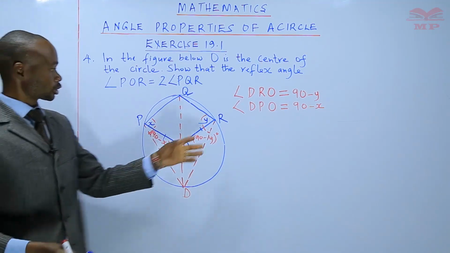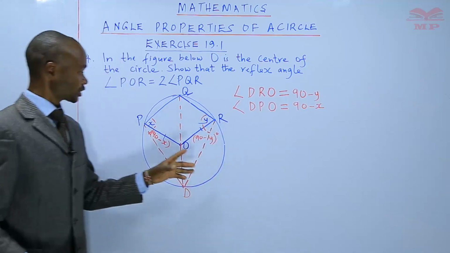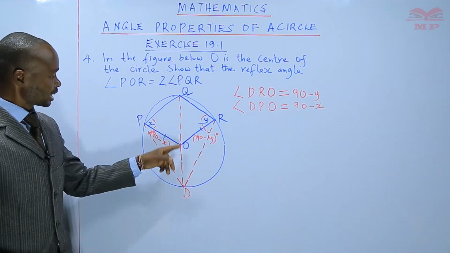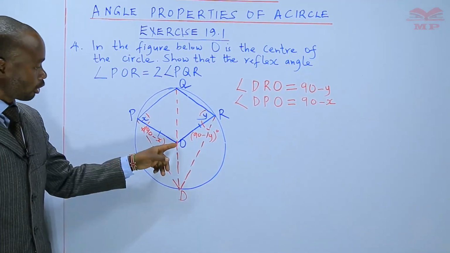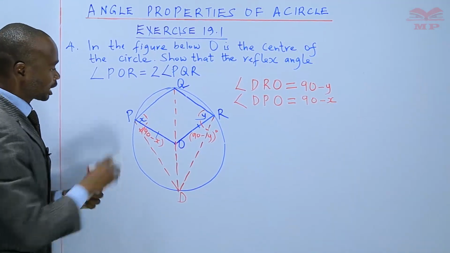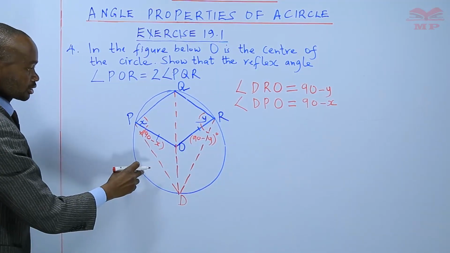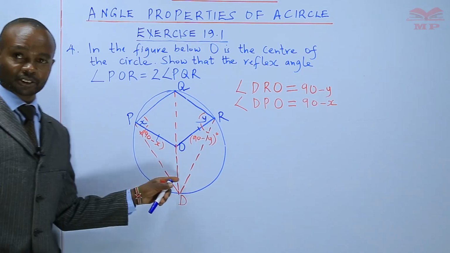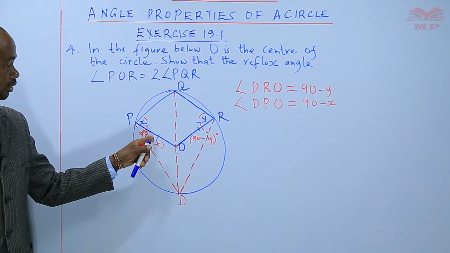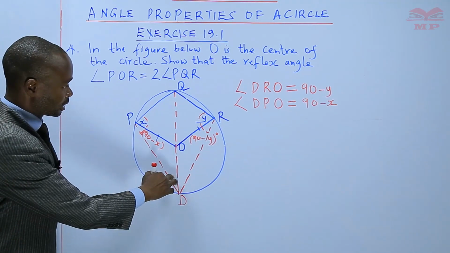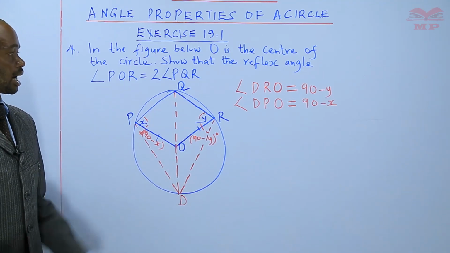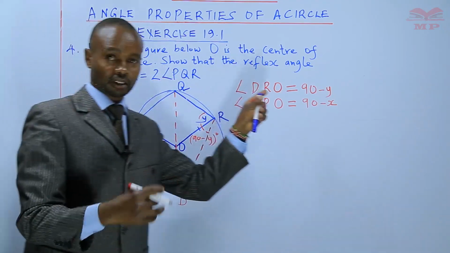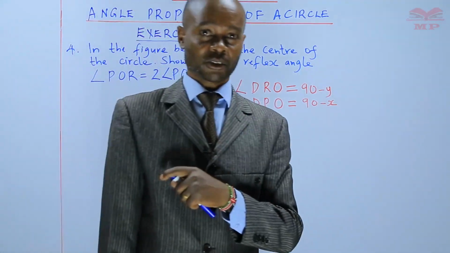So I've now got one of the angles, and if you look well, this is the radius, this is the radius. So this is a triangle POD. Triangle POD is isosceles, and triangle DOR is isosceles. So a pair of the angles is equal. So this angle is equal to that angle. So having got that, I have to prove by getting the actual value of the reflex angle.